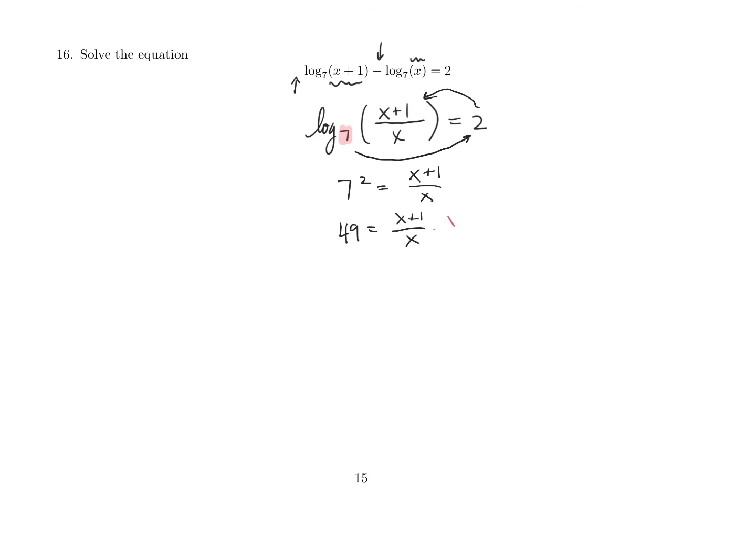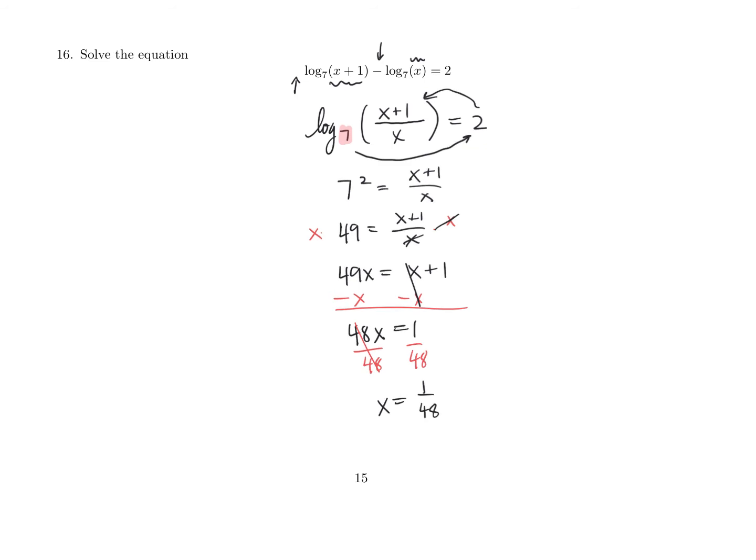We always want to try to get rid of the fractions, so we will have 49x is equal to x plus 1. We can subtract x from both sides, so we get 48x is equal to 1. Divide by 48. And so now x is equal to 1 over 48.